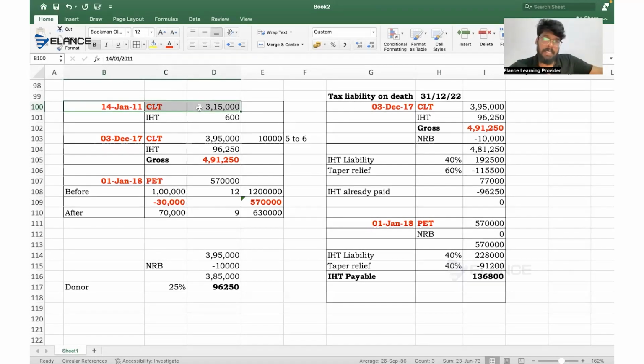At the time of transfer it is exempted, and on the death of the donor, this date is more than 7 years prior to the death. So this 315,000 is entirely exempted. So at the time of transfer, this second CLT can use the maximum nil rate band 325,000. On the death also, they can use the maximum 325,000 nil rate band.